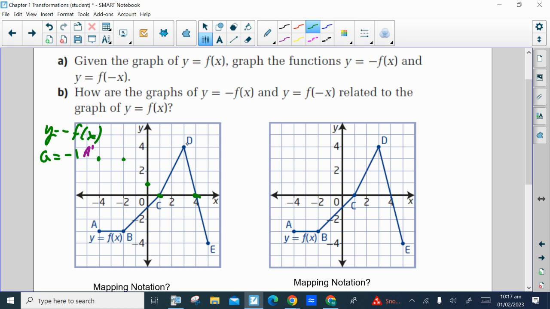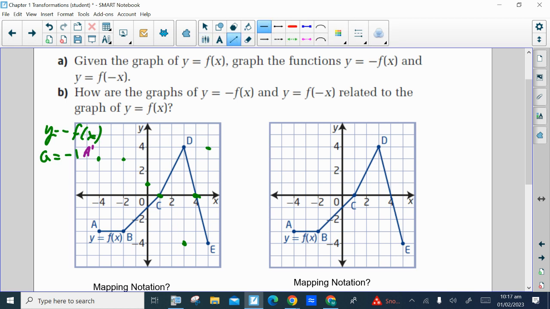But we have point D, which is 4 units above the x-axis. That'll reflect 4 units below. And point E is 4 units below. That will reflect, so it's 4 units above. Again, the distance away from the x-axis doesn't change. It just changes from above to below or from below to above.